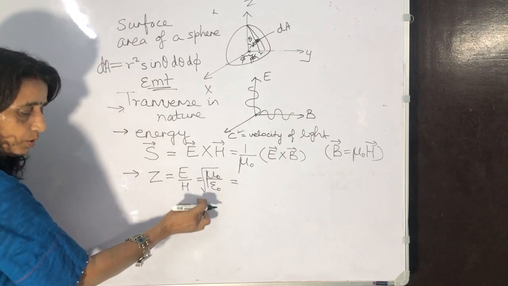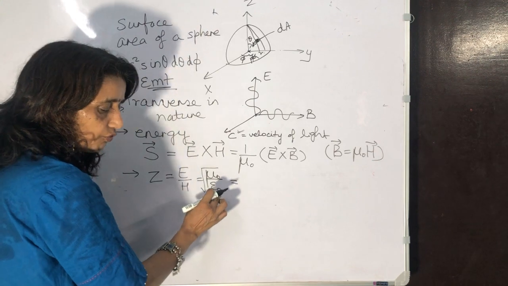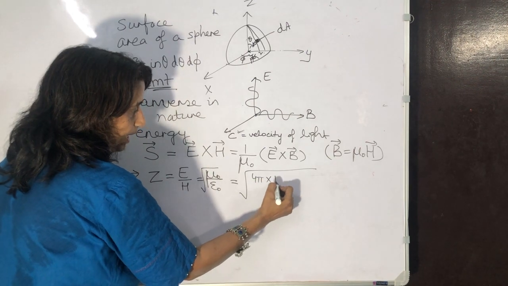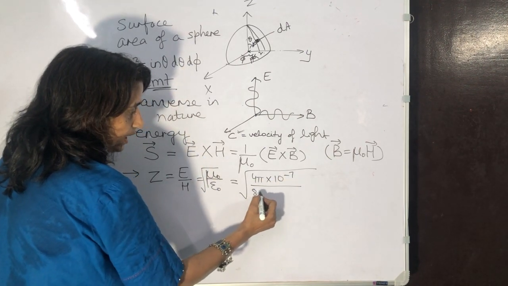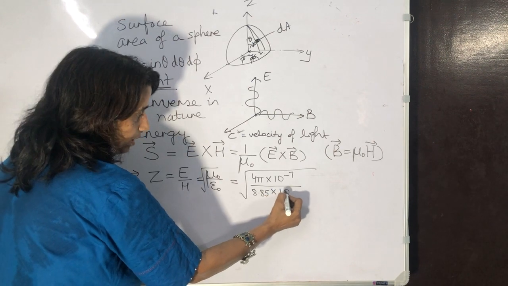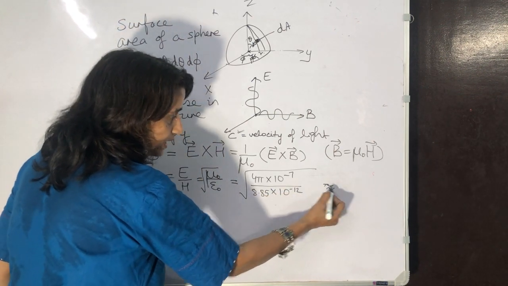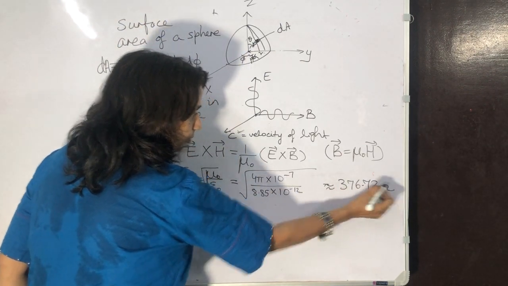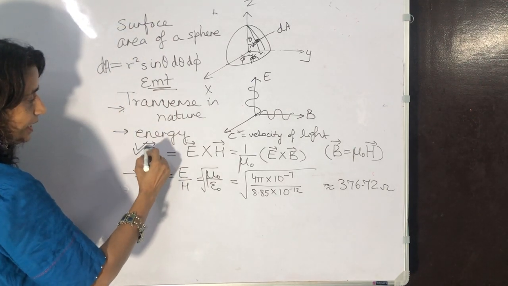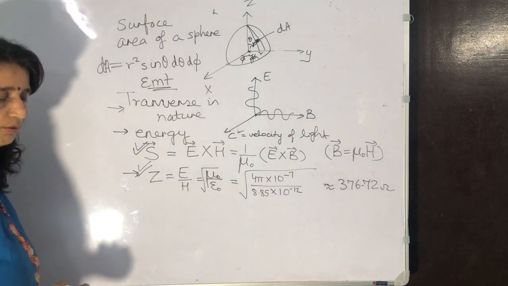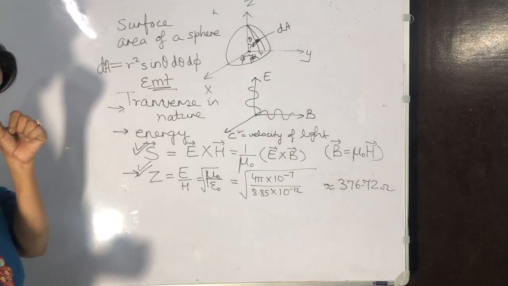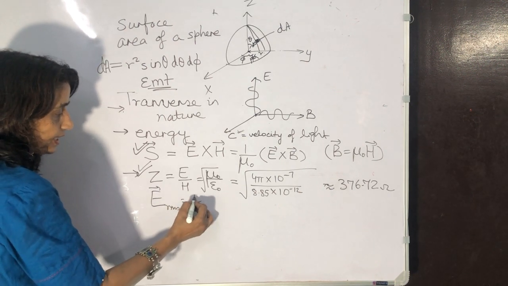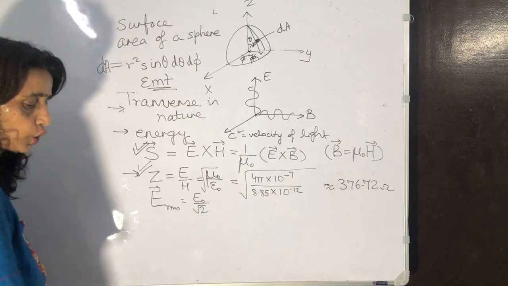You can put in the mathematical values here: 4 pi into 10 to the power of minus 7 upon 8.85 into 10 to the power of minus 12, and approximately this comes out as 376.72 ohm. You will be requiring this a lot for your Poynting numericals, and it is very important. Then the root mean square value of the electric field is E naught upon root 2.